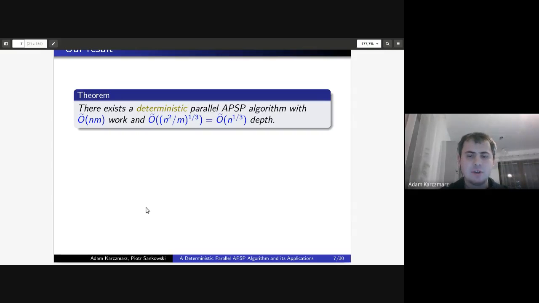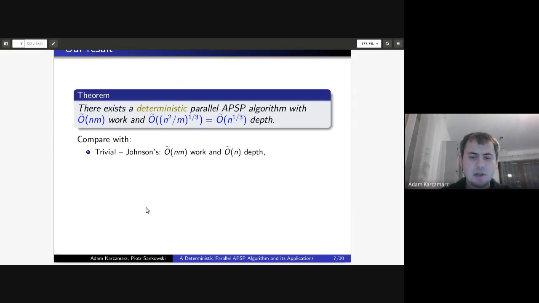In our paper, we show a deterministic parallel APSP algorithm that is nearly work efficient and has depth no more than roughly n to 1/3. Our algorithm should be compared with the following most closely related results.